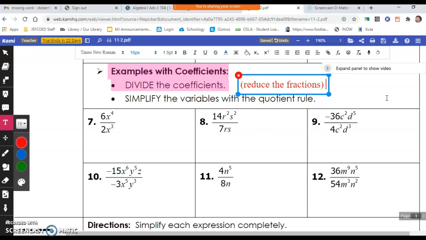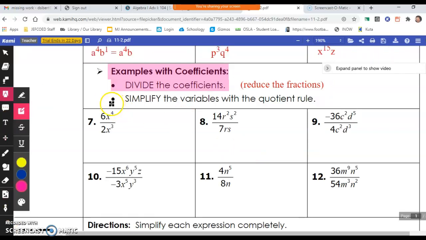Well, instead of putting that big, long, crazy decimal into our answer, we're just going to leave it as a fraction in reduced form. And then the last thing, of course, which we always know, is always simplify, but we'll do that with the quotient rule.